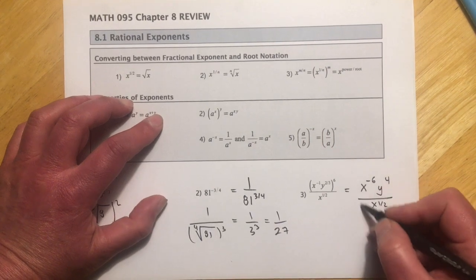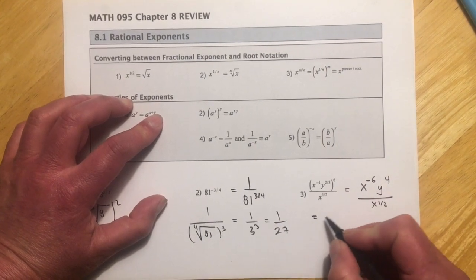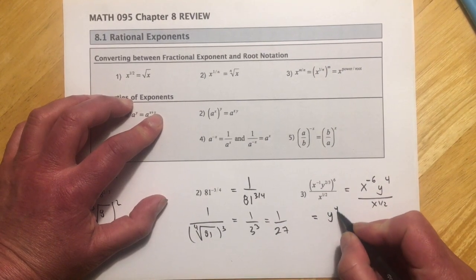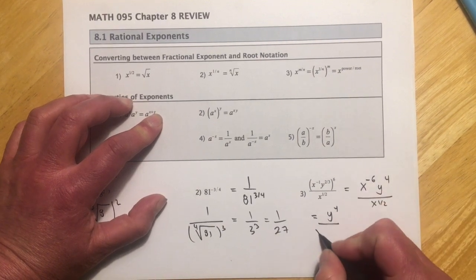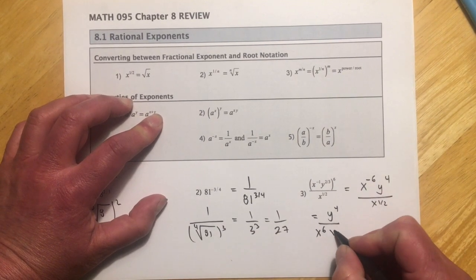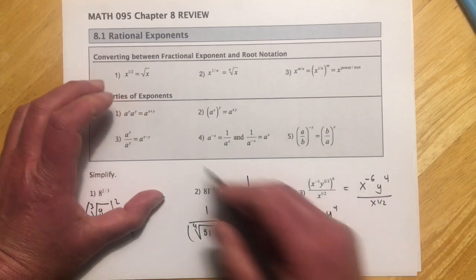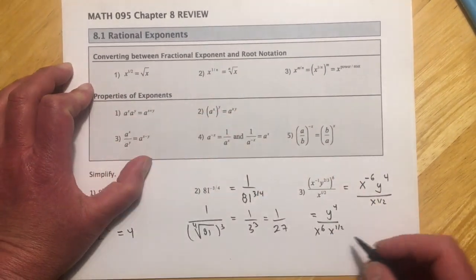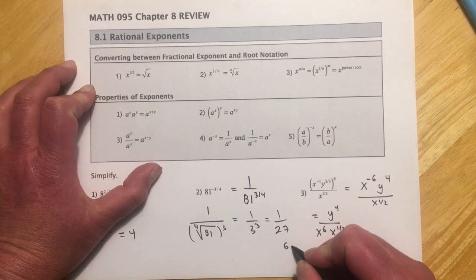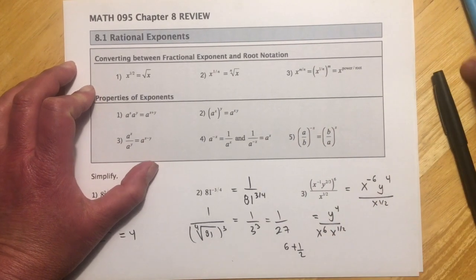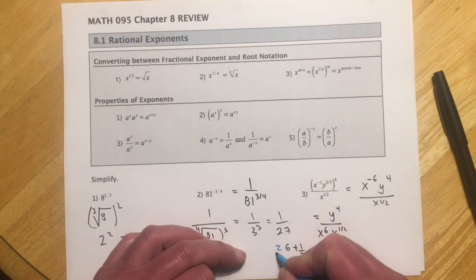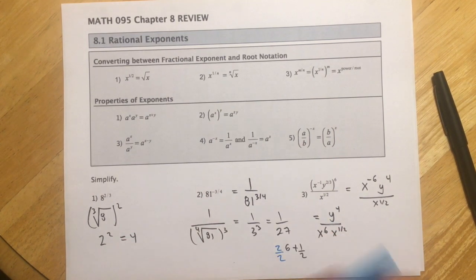I would probably move this x downstairs and write it as y to the 4th. And since that's negative, I can bring it downstairs, make it x to the 6th, x to the 1/2. And if you think down here, you're going to be adding the exponents because you're multiplying. So basically, we have to do 6 plus 1/2, and that would be a little 2 over 2 right there.